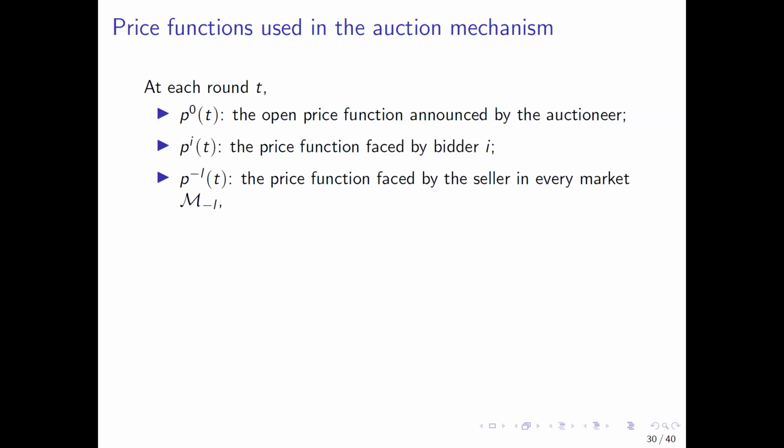This is why, when you have personalized prices or a package auction, it will be much more time consuming. But the good thing is that for this market, we only have one nonlinear pricing rule for all markets.